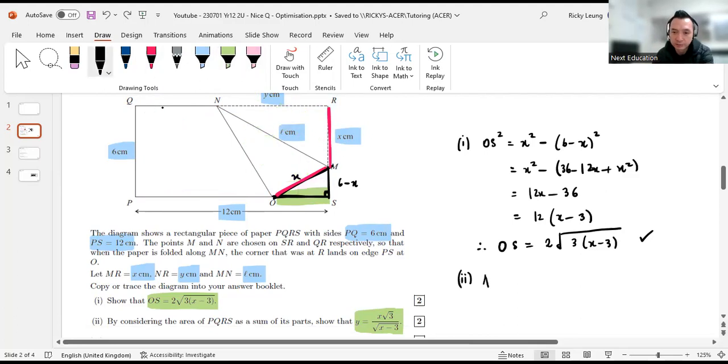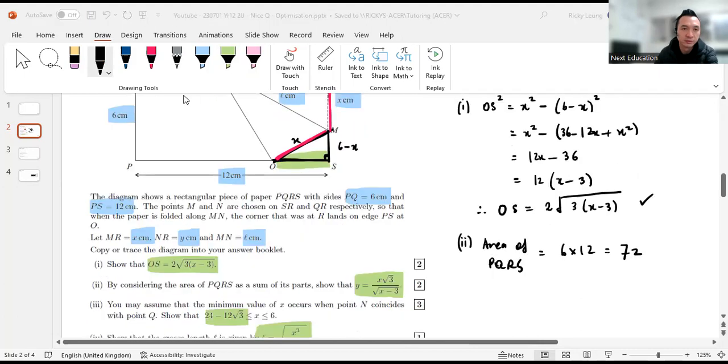So the area of PQRS: firstly, it's a rectangle with a height of 6 and a base of 12. So 6 times 12 is 72. That's also equal to the sum of the 4 parts.